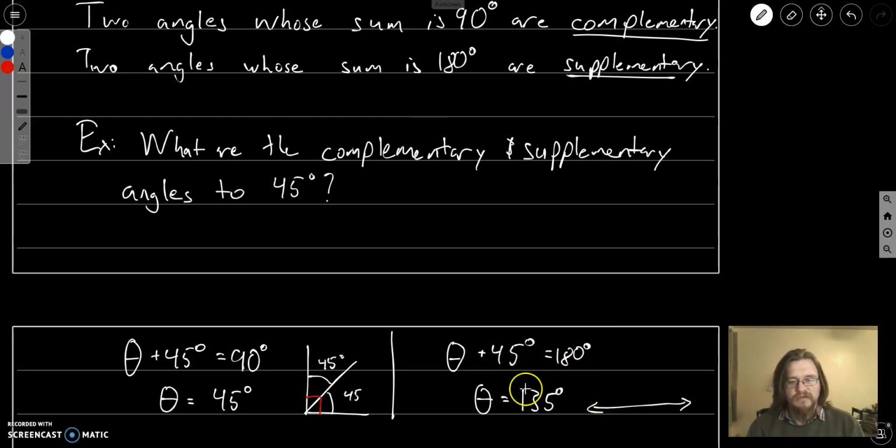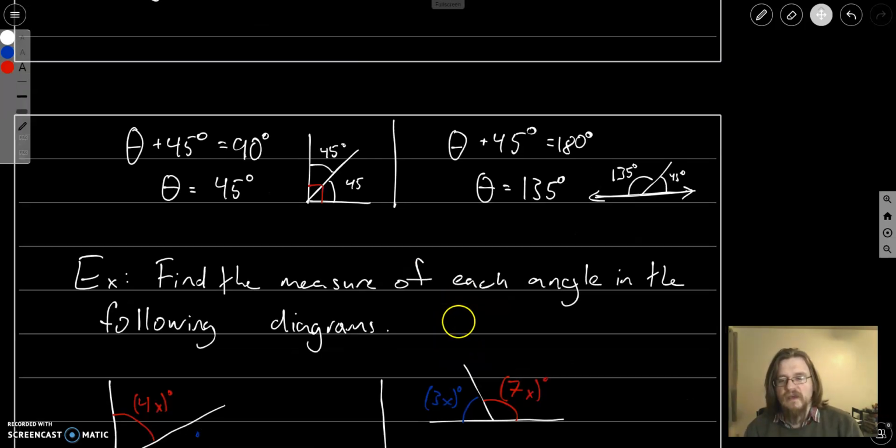So 45 degrees and 135 degrees, it'll be something like this. So if my first angle is 45, and my second angle is 135 degrees, that should form a straight line because it's 180 degrees. So complementary and supplementary angles are quite nice. They add up to make right angles and straight angles.